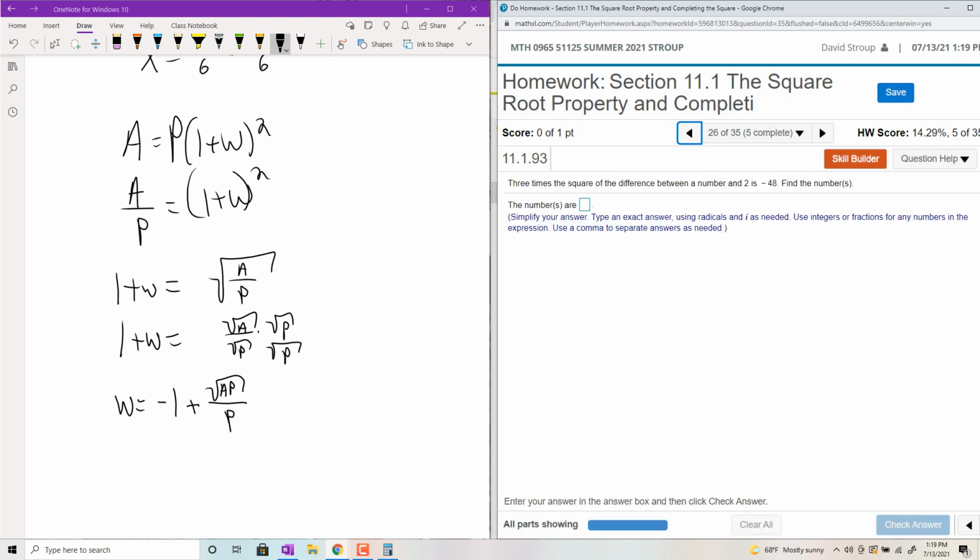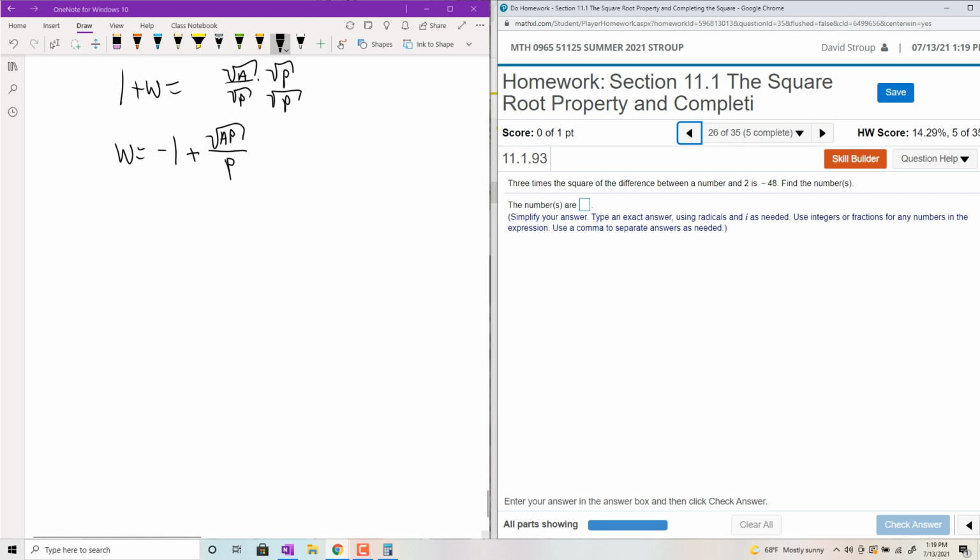Same sort of deal there. Just make sure you're using the right. Jeez. 3 times the square of the difference between a number and 2 is -48. There is no number. Oh, you can use i's.